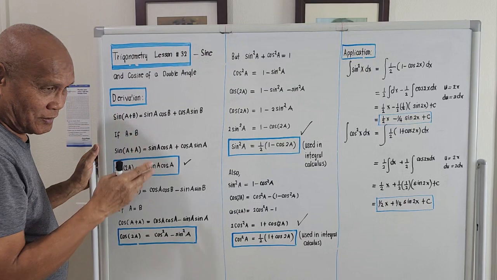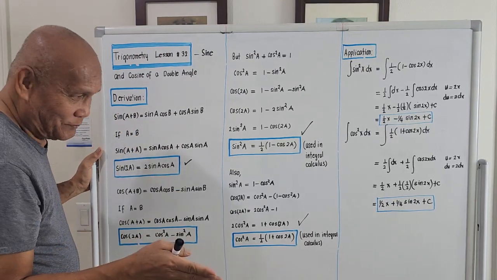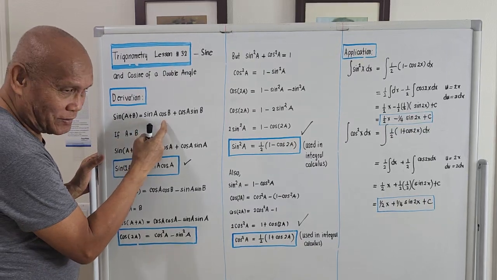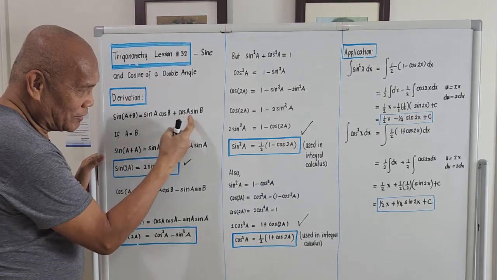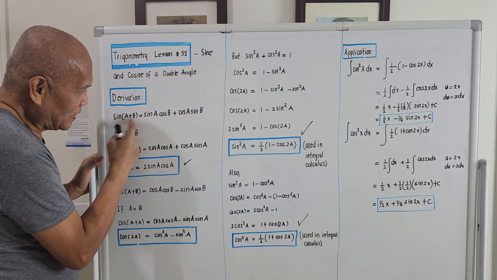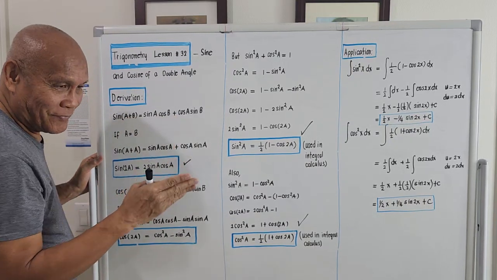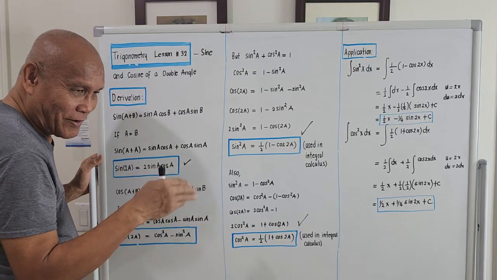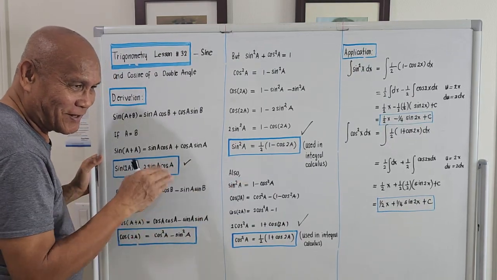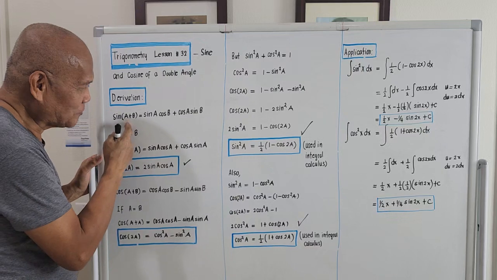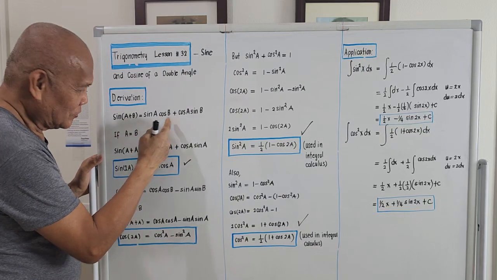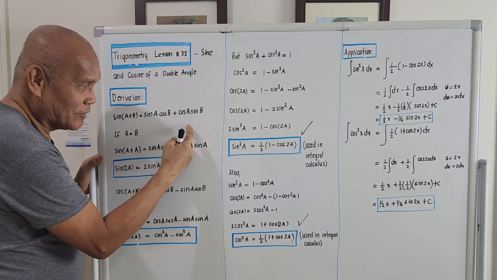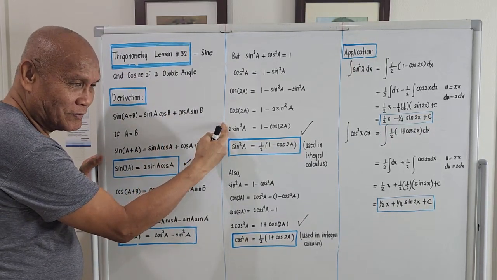A and B. And we have derived this as equal to sine of A cosine of B plus cosine of A sine of B. My cue is sine cosine, cosine sine. If this is plus, this should be plus. So the expansion is sine of A cosine of B plus cosine of A sine of B. Okay?